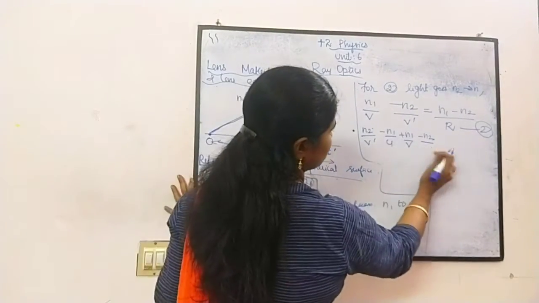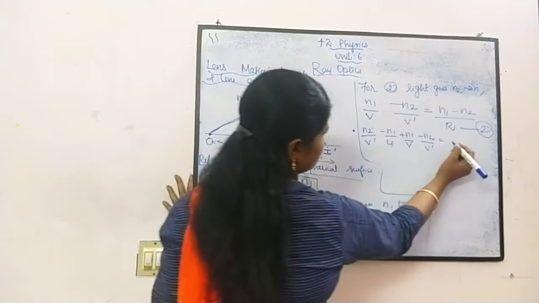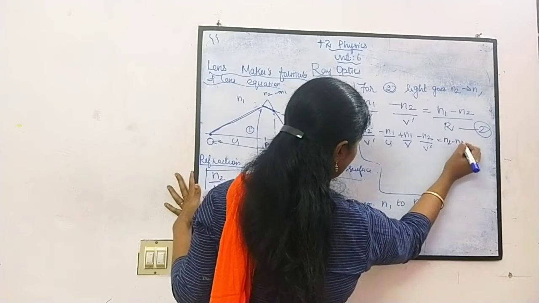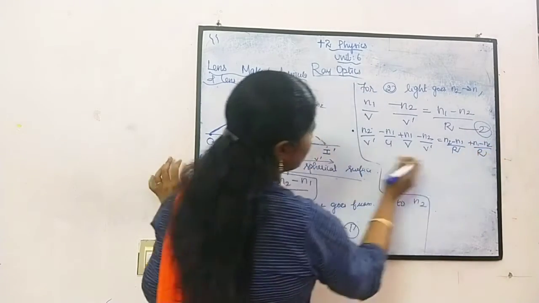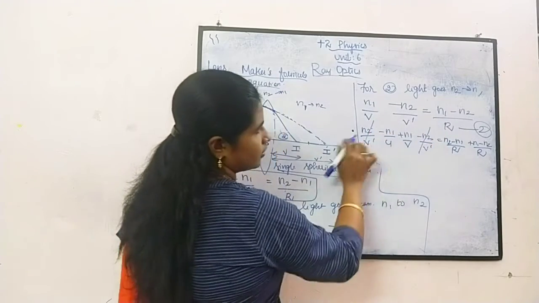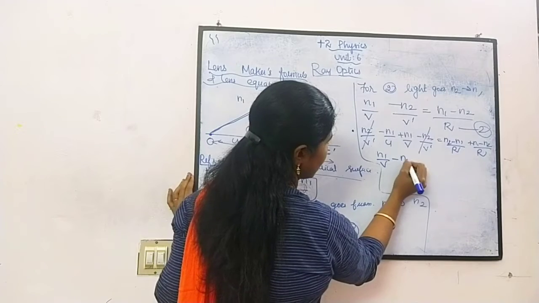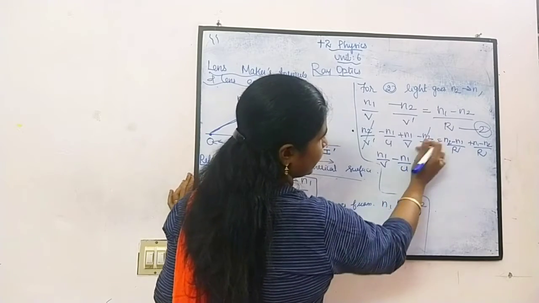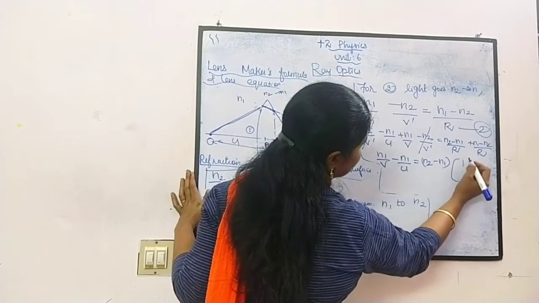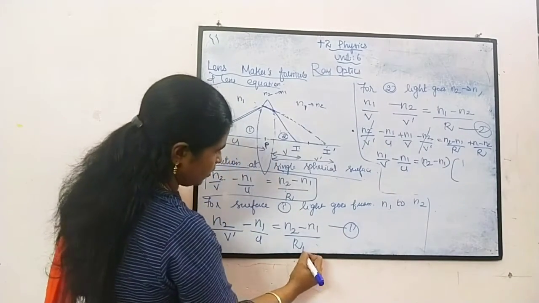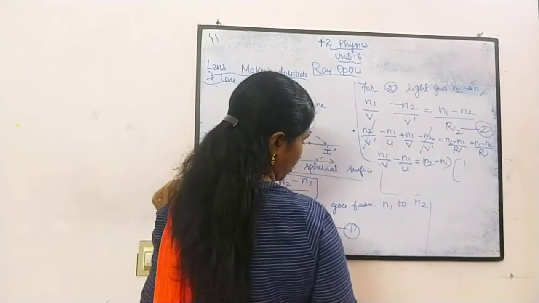So substitute v dash, and in both you just write n2 minus n1 by r plus n1 minus n2 by r. Now n2 by v dash and this one get cancelled. So here n1 by v minus n1 by u is equal to, taking n2 minus n1 as common, let us take this one as r1 and this one as r2, because two spherical surfaces are there, r1 and r2.